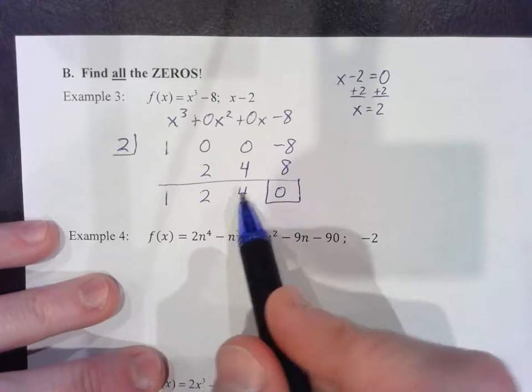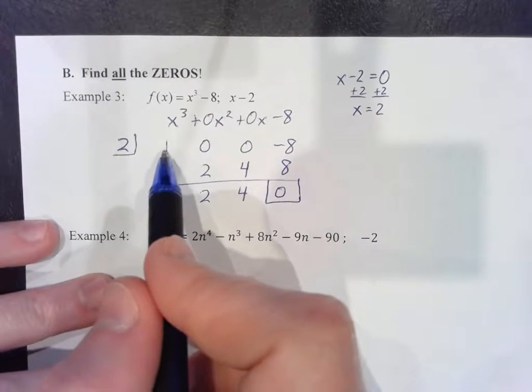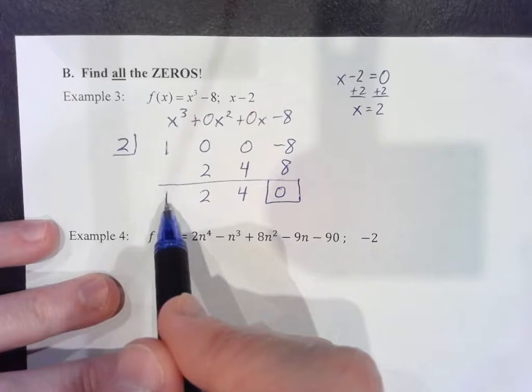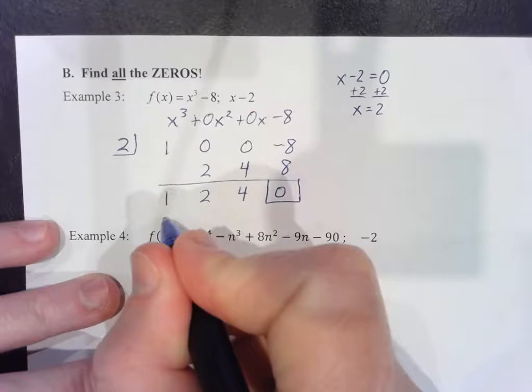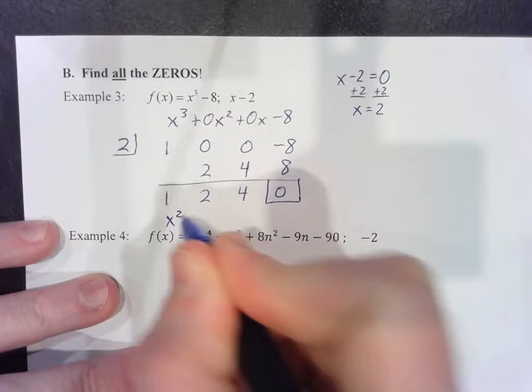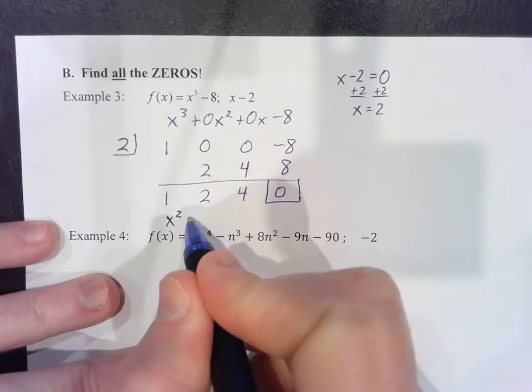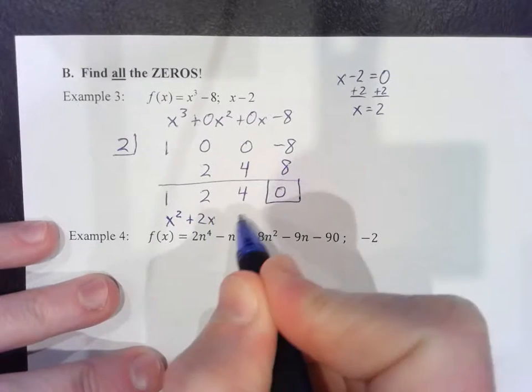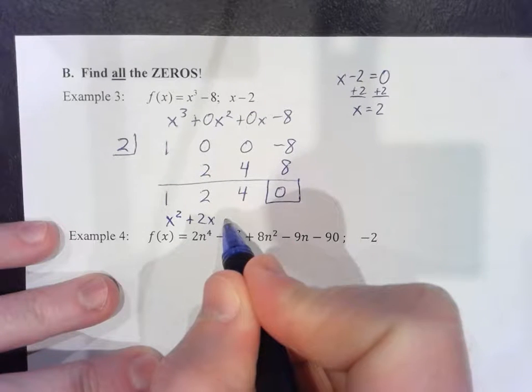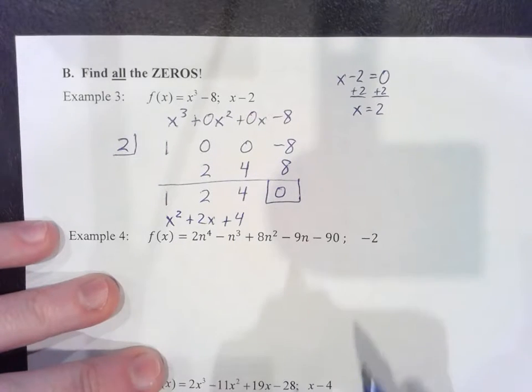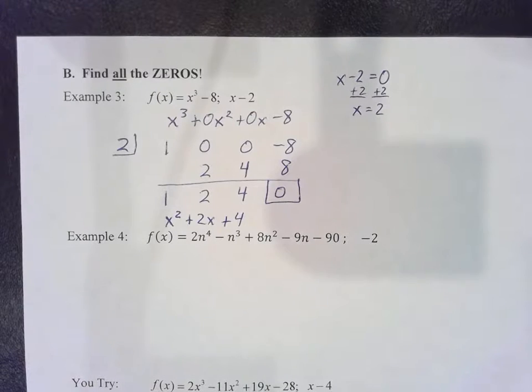And so what I'm left with: the original term was x to the third, so when we took out x minus 2, this is now 1x squared. It's 1 degree smaller. So this becomes 2x, and 4 is the constant. One approach here would be to try to factor.